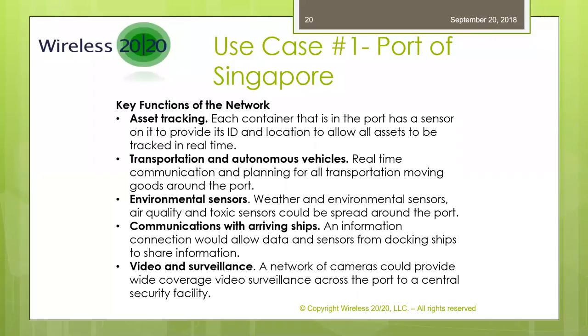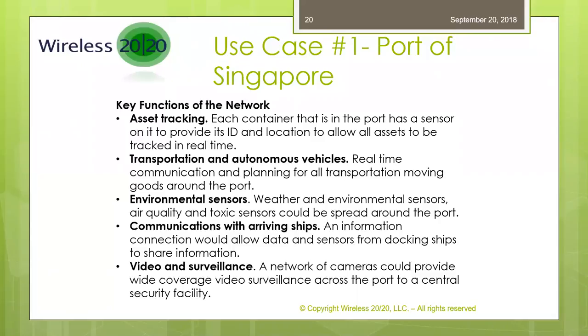More and more, as we would see in many areas, but certainly in this one, transportation and autonomous vehicles: real-time communication and planning. As we have autonomous vehicles driving around the port, moving goods and material, we certainly want to be able to track and operate these, probably from a remote location.